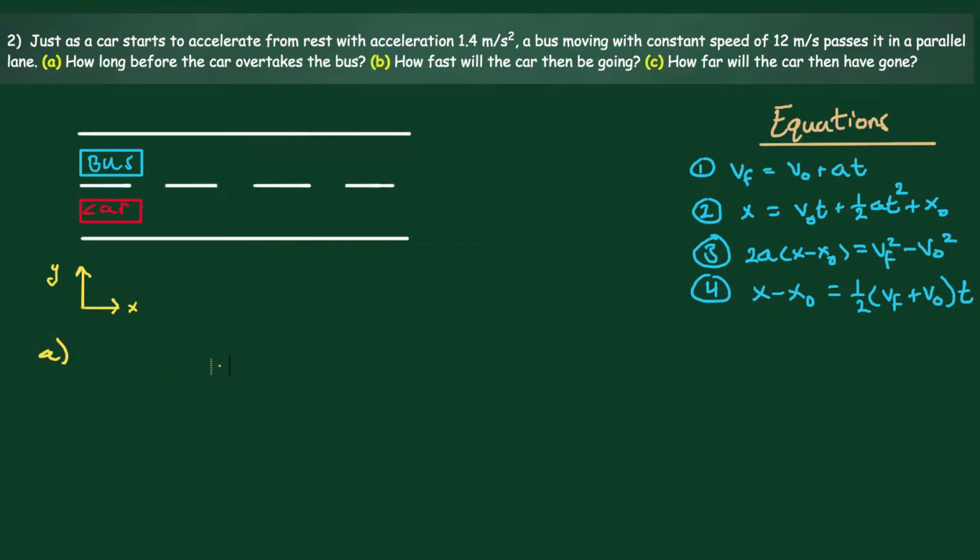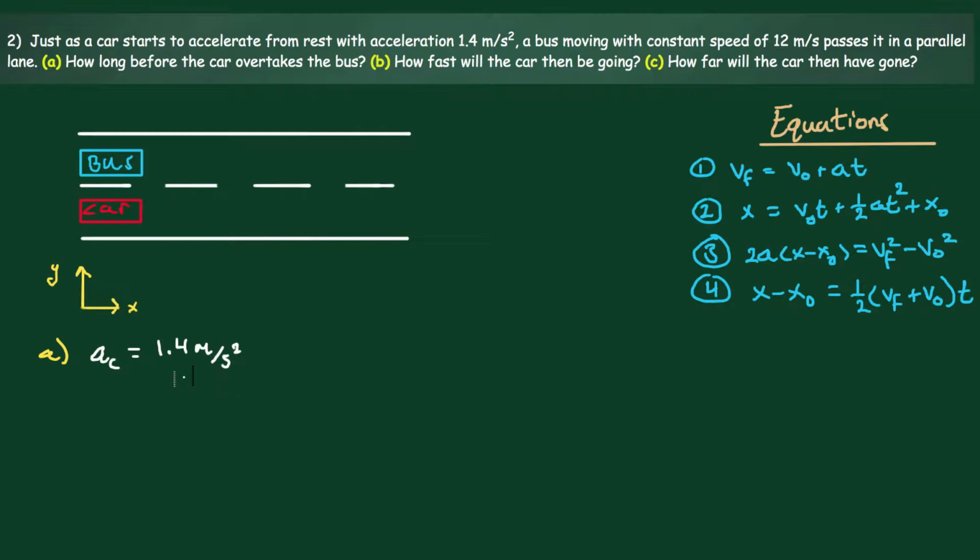And let's start by writing down our given information, okay? The first given information is that the acceleration of the car is 1.4 meters per second squared. So we'll write a sub C for car is equal to 1.4 meters per second squared.